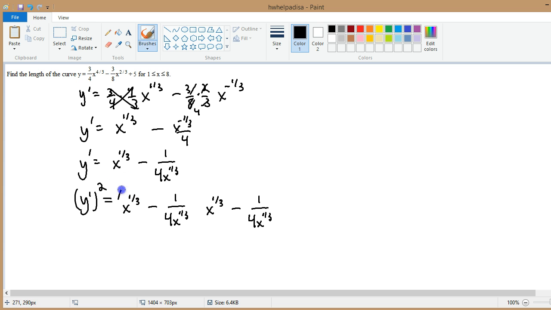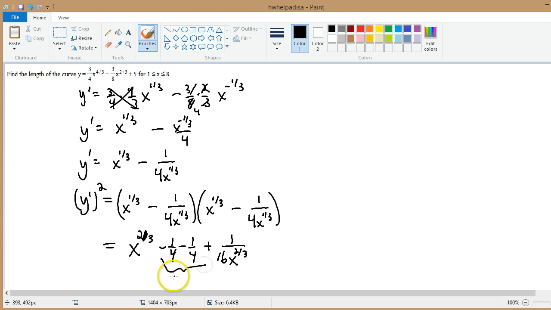And so we FOIL that out, and what we get is x to the 2/3, and then we'll get minus a 4th minus another 4th, and then we'll get 1 over 16 x to the 2/3.